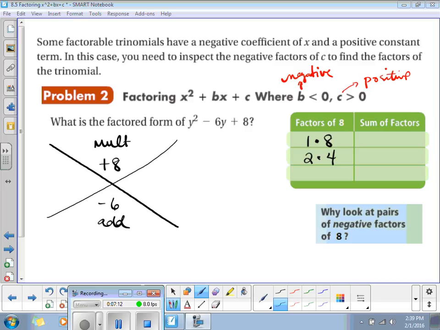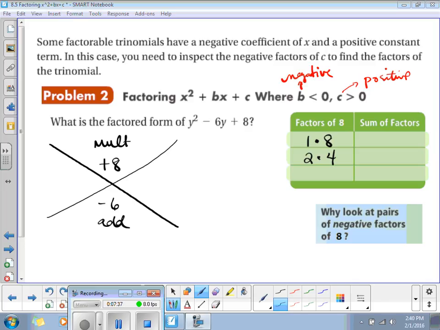Taking that a little further, when we add, we want to get a negative 6, right? So what two numbers, if both have to be positive or both have to be negative, which ones are they going to be if when I add them, I'm going to get a negative?